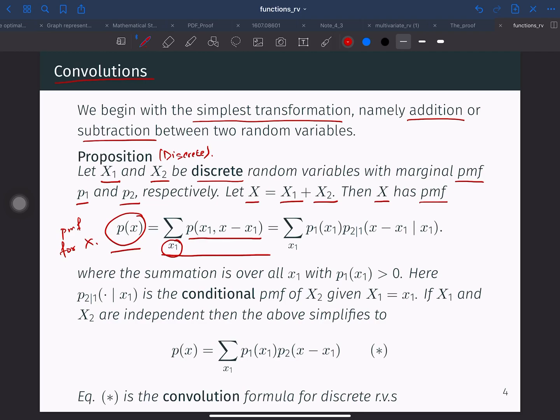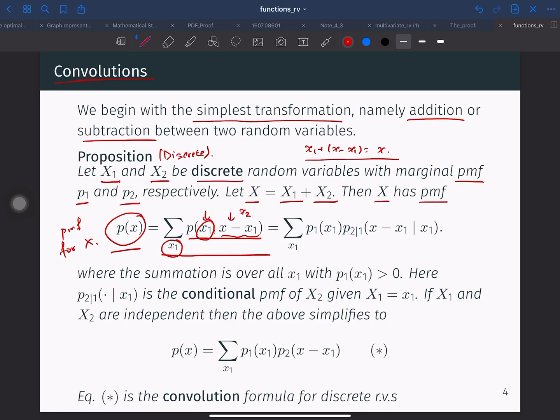Here we see that x1 plus (x minus x1) will equal x, obviously. So this just says sum over all the values of x1. Now if you have x1, then x2 has to be such that x minus x1, which is x2, is such that the sum has to be equal to x.